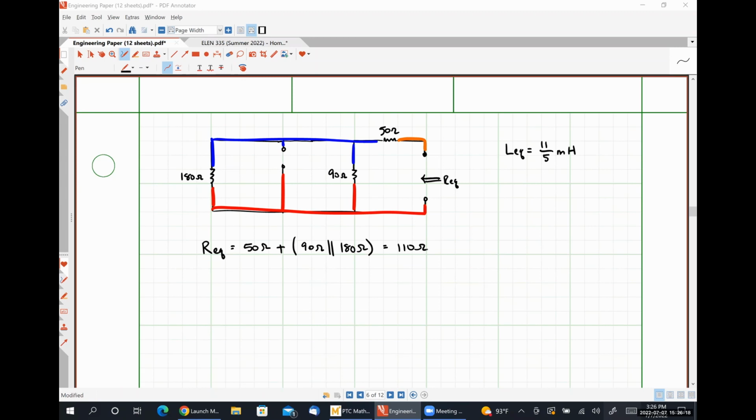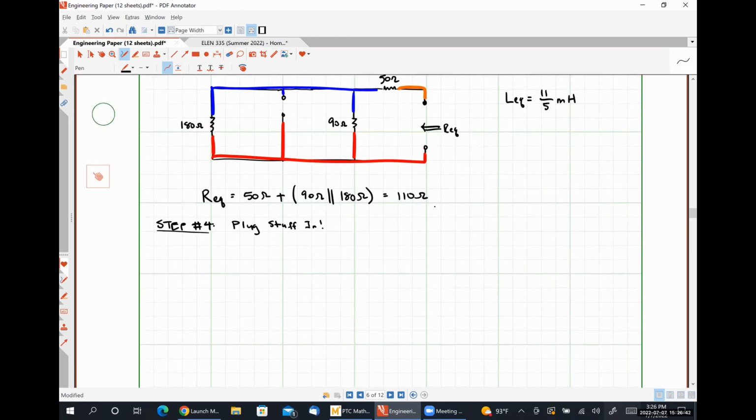All right, so from here, we would simply move along to step number 4. Plug stuff in. So since we're interested in the behavior of IX, we will have IX as a function of time.